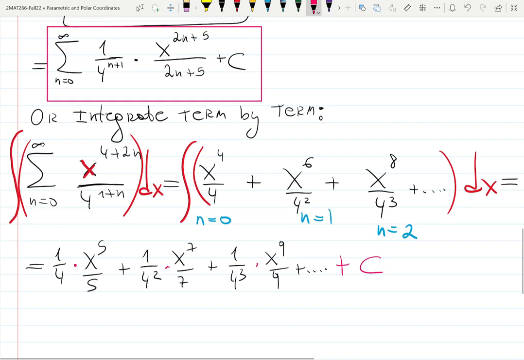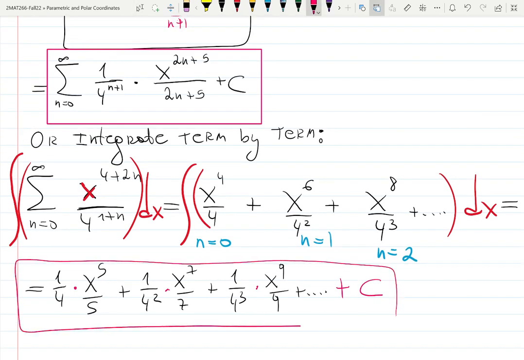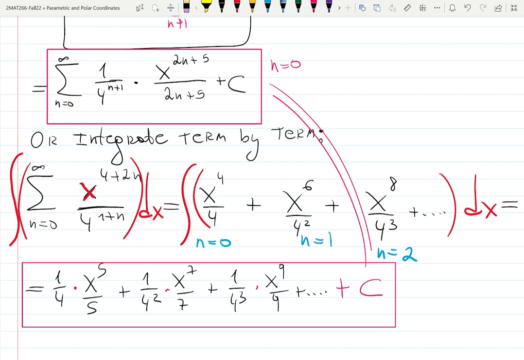If you collapse it back, this answer should be the same as the one we got in the sigma notation. You can check if it's the same or not. Plug n equals 0, it better be 1 over 20 x to the 5, and so on. Plug n equals 1, and it should also be the second term, and so on.